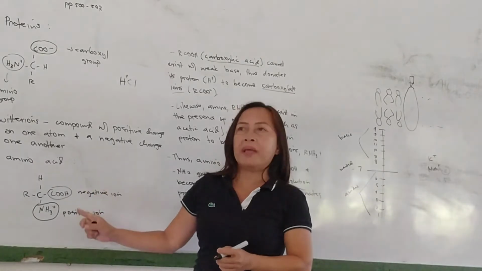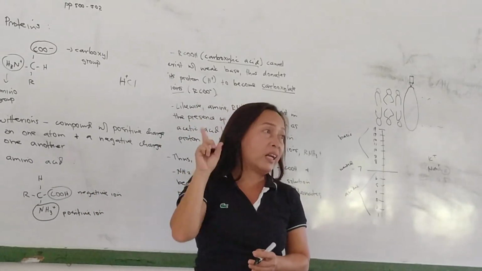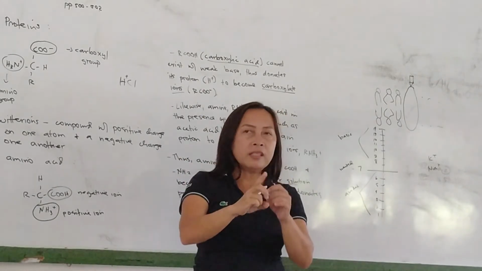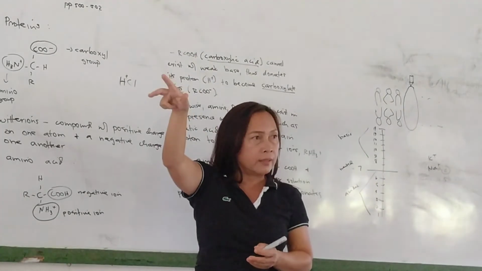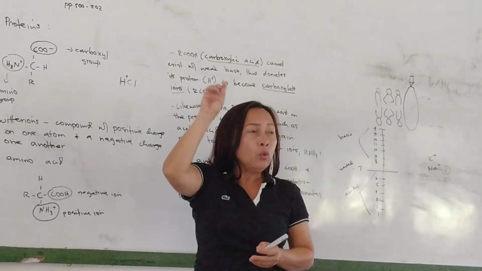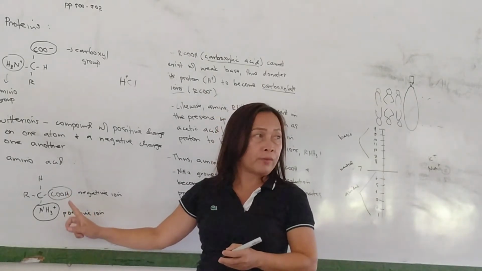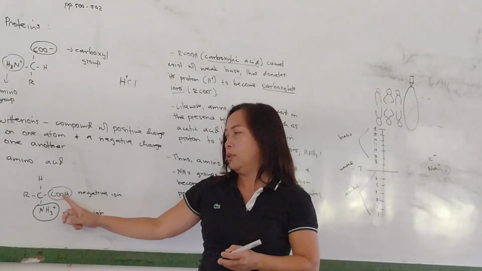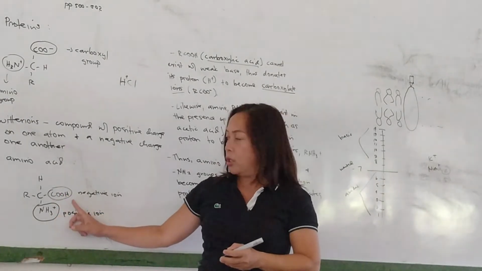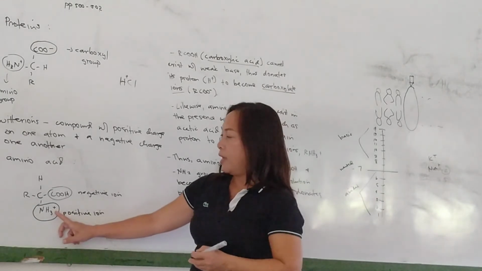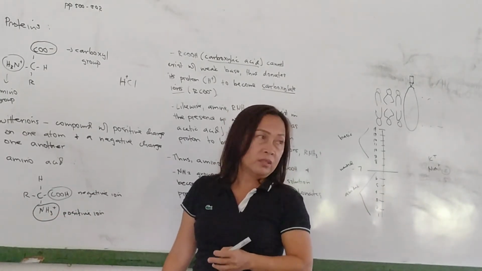Now that is what happens if we add hydrochloric acid to our amino acid. So the tendency, the proton of the hydrochloric acid will be given, the H here. This is now the proton, the source of our proton, will bind with this carboxyl group to become COOH. And what is left now is, of course, positive.